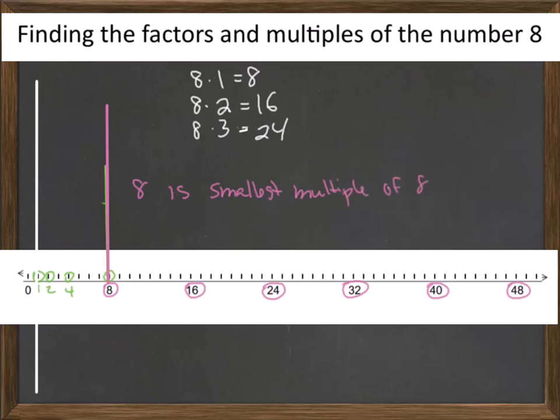As you can see, my little number line here, because my page is only so big, only goes up to 48. But I think we can all agree that since this is only 8 times 6, I could probably keep going and get to 8 times 7. And because I can always add plus 1 plus 1 plus 1, there is no largest multiple. In fact, there are an infinite number of multiples for any number.